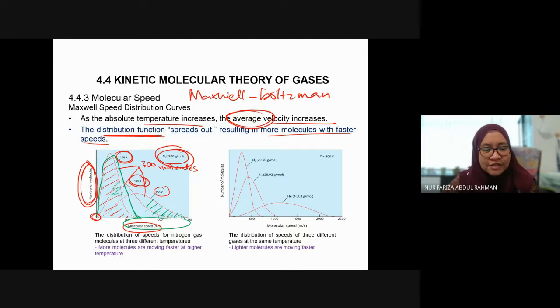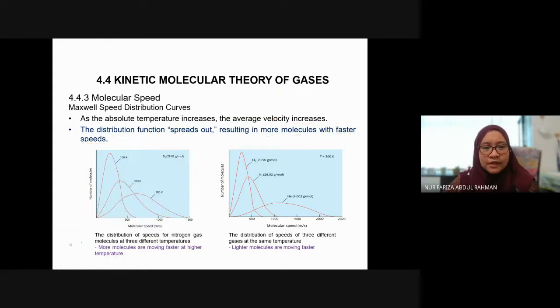Dia punya nampak speed dia kat kawasan molecular speed yang rendah. Same goes to this one. Yang tengah ni, yang 300 K ni. Dia punya speed dia tu banyaklah yang lebih tinggi daripada 100 K. Okay, tapi taklah sebanyak 700 Kelvin. Okay, hope you guys understand that. Faham yang tu.